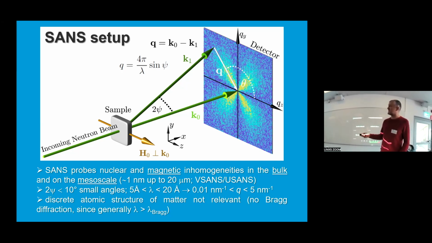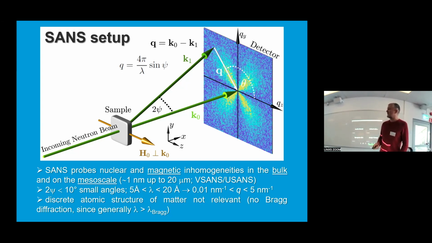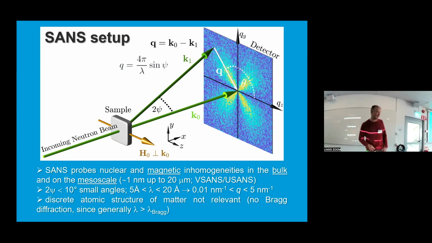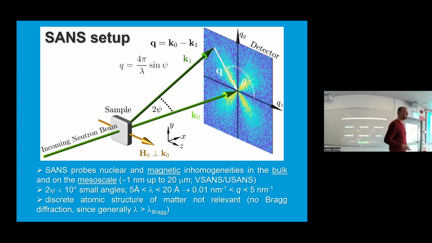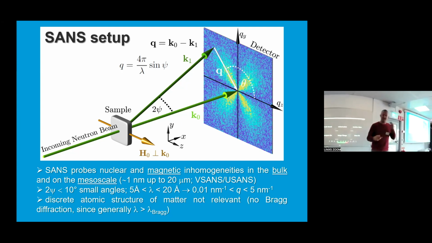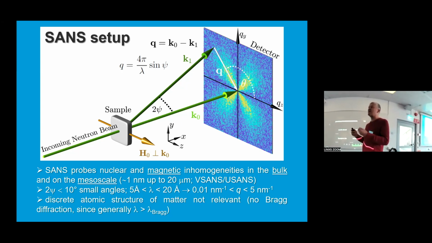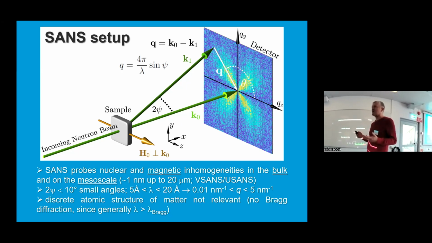It is measured in transmission, so we really get the bulk information. The wavelengths that we use, above 5 angstrom, are above the so-called Bragg cutoff. So we are not sensitive to structure on a scale of angstroms, and we are not measuring atomic magnetic moments.